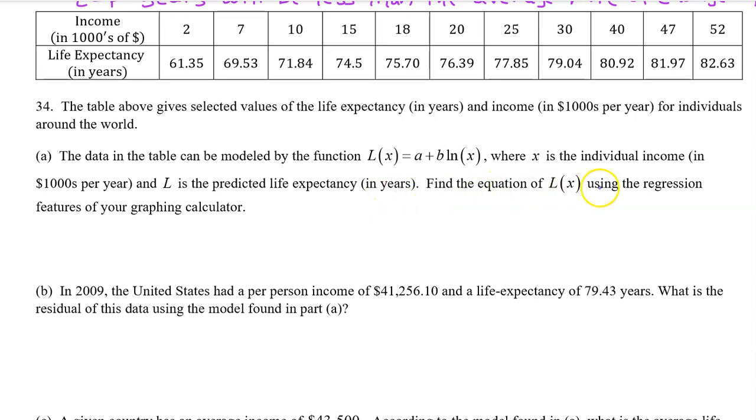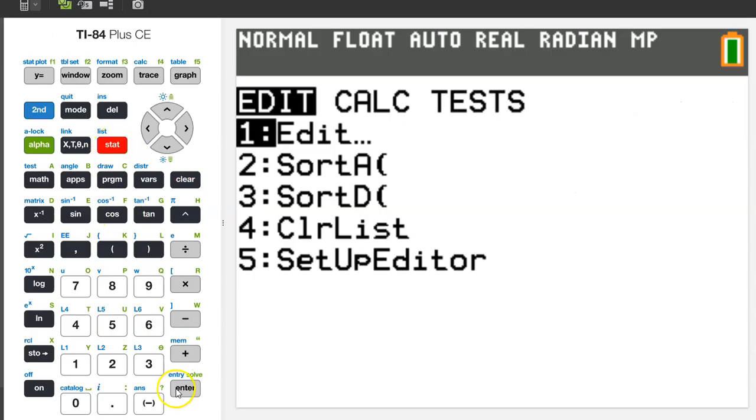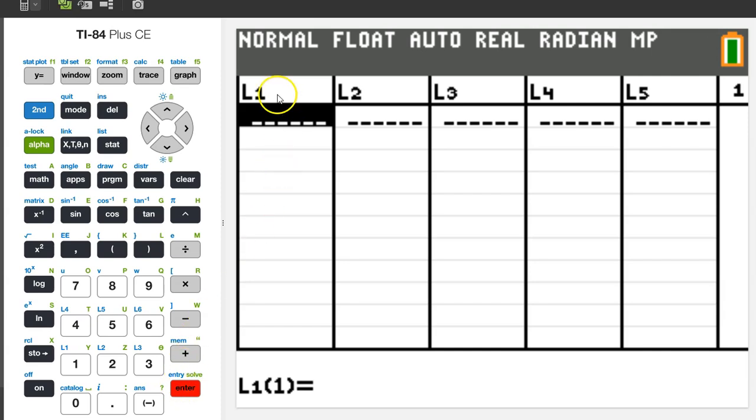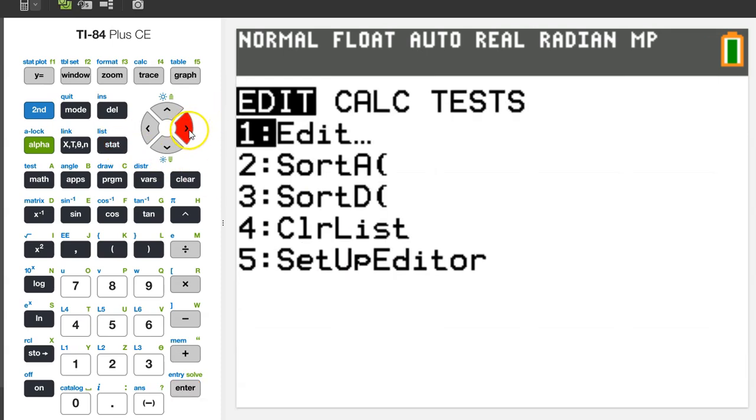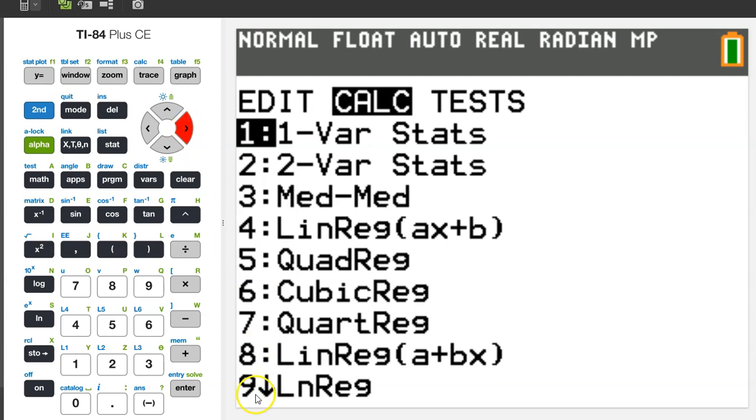Find the equation L of x using the regression features of your graphing calculator. Hit Stat Enter, and enter the input values in L1 and the output values in L2. Next, hit Stat and switch over to the Calc menu and choose option 9 for natural log regression.